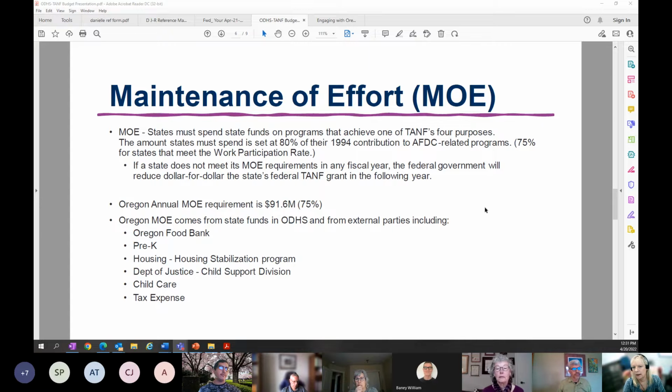So it might be in the case of housing or child support, some of those others, it's their state general fund that they aren't matching to any other federal funds for services or programs that still would meet some of those purposes. For the food bank, it's mainly what they provide us is volunteer, the cost of volunteers that come in and work, and we get to count that.